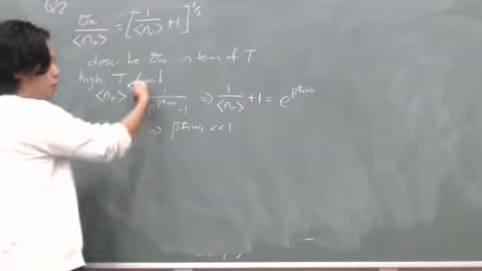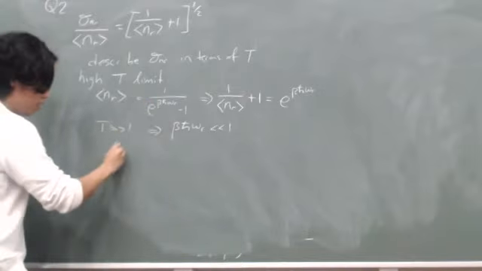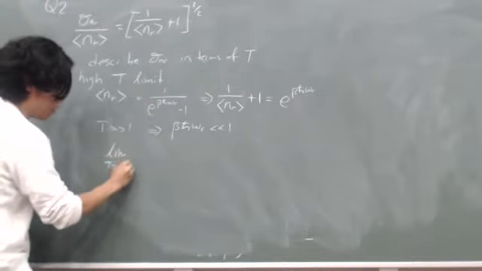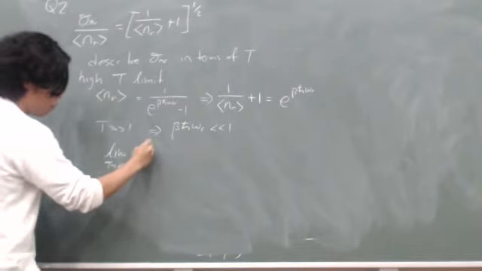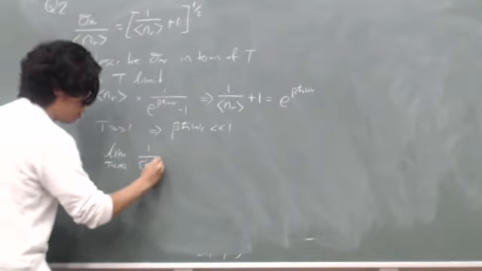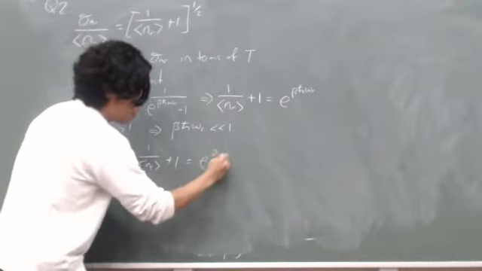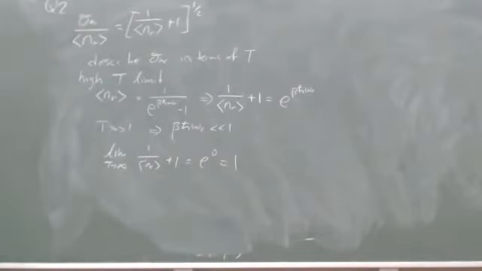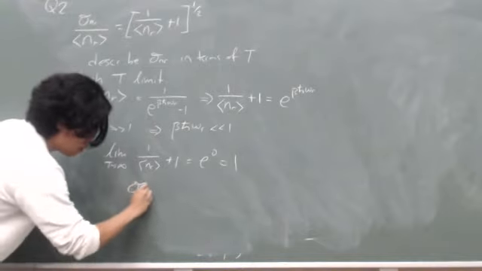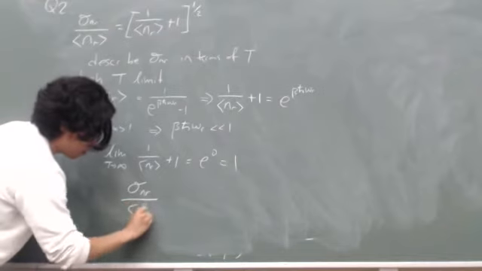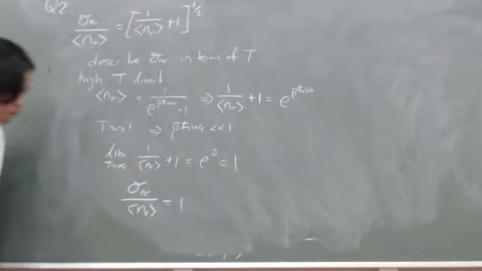In fact, it goes to 0 at very high temperature. So the limit of T going to infinity of 1 over nr plus 1 is equal to e to the 0, so it's going to be equal to 1. So at very high temperature, sigma nr divided by nr is equal to 1.